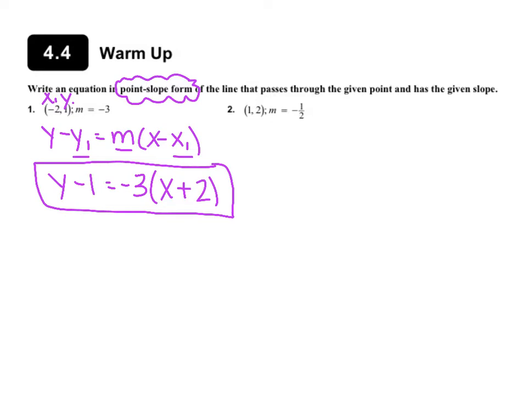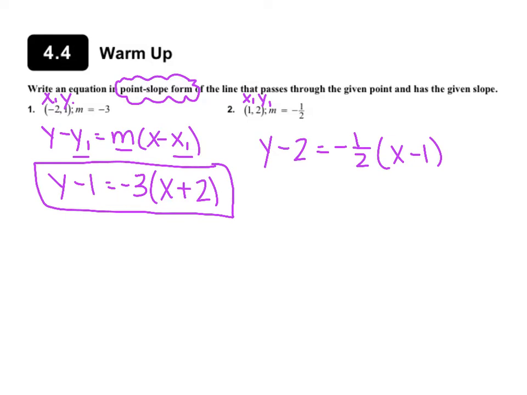So if I find point-slope form for number 2, right, if I have x1 and y1 and m, and I use that formula, that means the letter y and the opposite of y1. So I would have y minus 2 equals my m is 1/2, and then the letter x and the opposite of x1 would be minus 1.